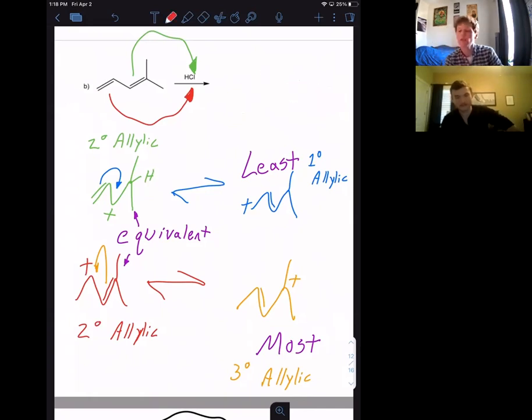And then once again, once you get into allylic carbons, secondary is more stable than primary allylic carbons, and tertiary allylic carbons are the most stable form of carbocation. And so that's all that you really need to know. I went ahead and labeled each of these.